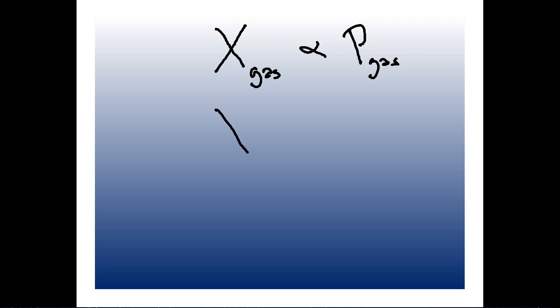And Henry's law states that the amount of gas that's dissolved, which we can look at as the mole fraction of the gas, is proportional to the partial pressure of that gas. And proportional means that it's equal to a constant times that pressure. So that is, the mole fraction of the gas is equal to some constant times the partial pressure of the gas.